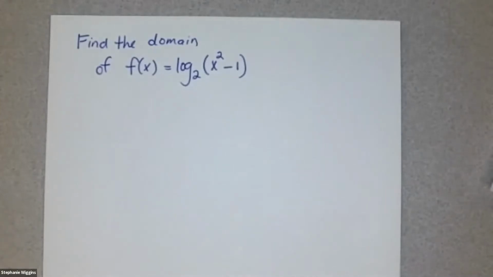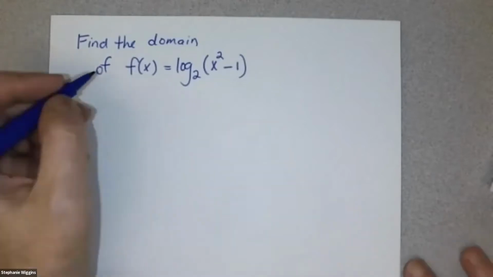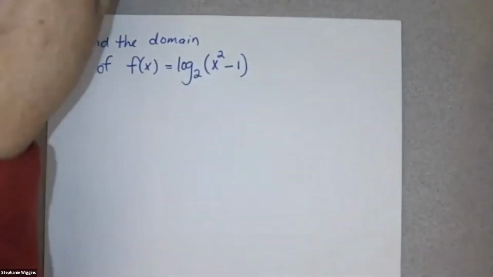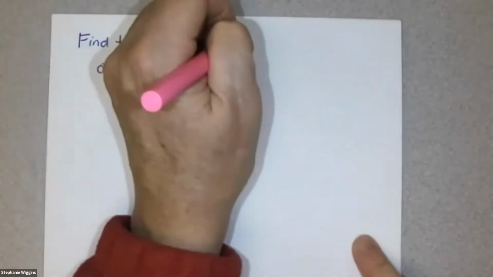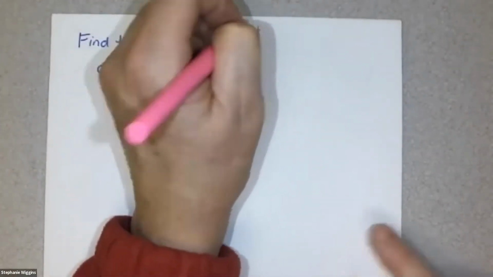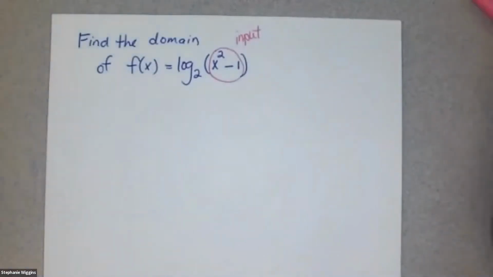Here we have a function. It's a logarithmic function, so log base 2 of x squared minus 1. The base is irrelevant to this problem because we're just looking for the domain. And any log function, you cannot put in a negative and you cannot put in 0. So in other words, this is your input right here. That's your input into the log. Your input must be greater than 0.